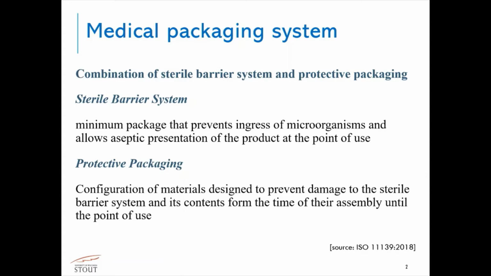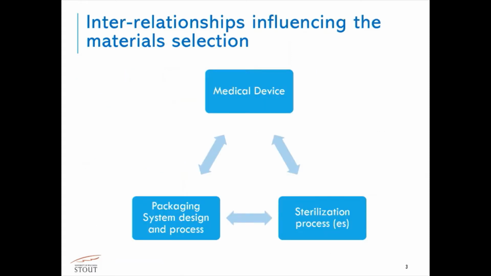When we consider material selection for medical devices, we're looking for the interrelationship among three legs: materials and packaging system design, the medical device itself, and the sterilization process or methods. They influence each other. With that consideration, we choose the correct materials for the packaging, compatible with the sterilization methods and also protecting our medical device.